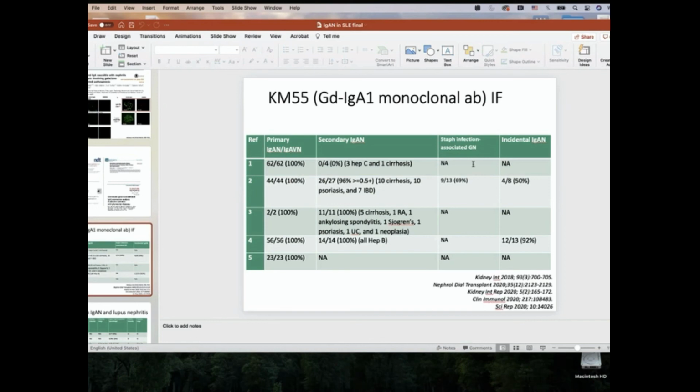Infection-associated GN are also positive for KM55. But incidental IgA nephropathy, even donor-derived, are positive. Unfortunately, that's not KM55. I think the value is not here. It's not helping to distinguish these entities.